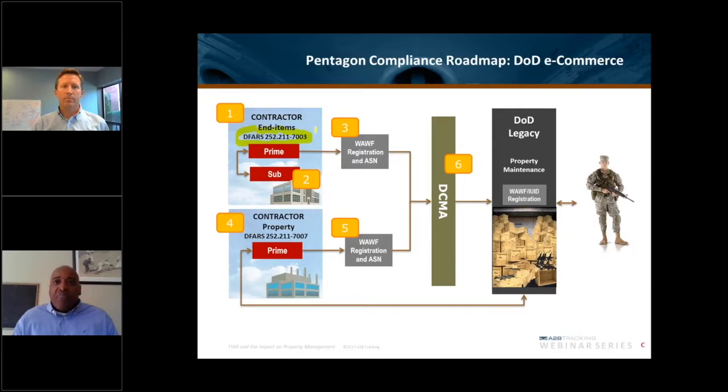252.211.7003. And with that, you have the Mil-Standard clauses that say you should mark these items in accordance to Mil-Standard 130, putting a 2D data matrix barcode, which was on the asset on the prior slide.